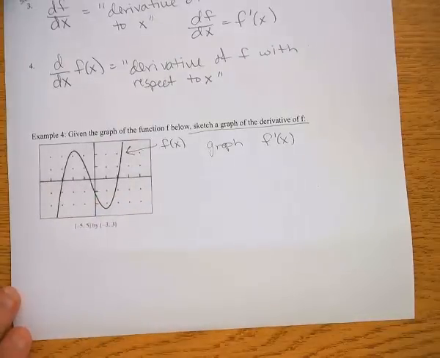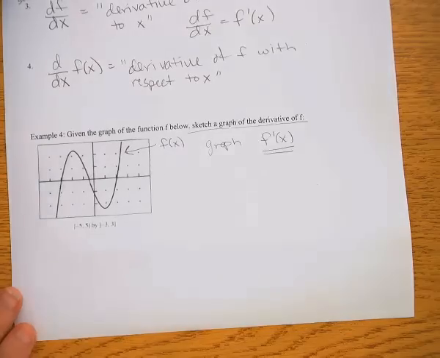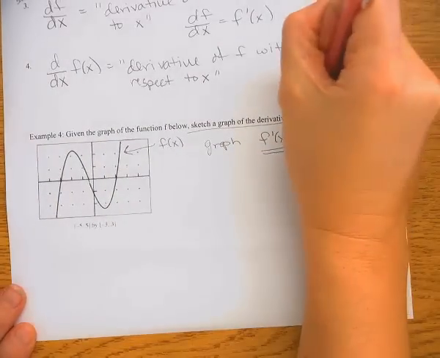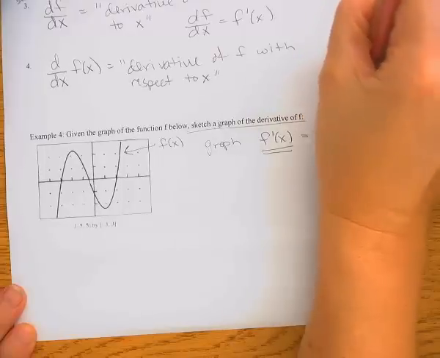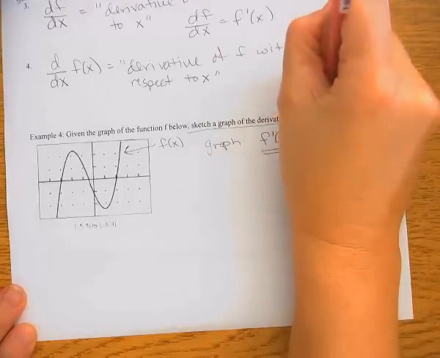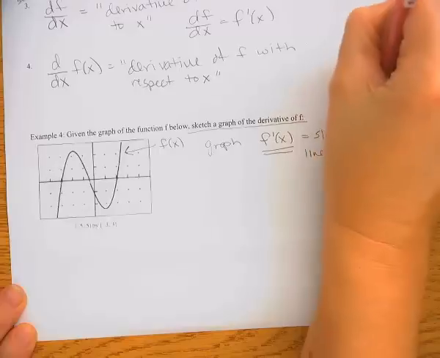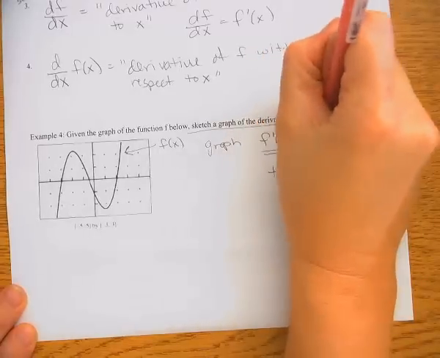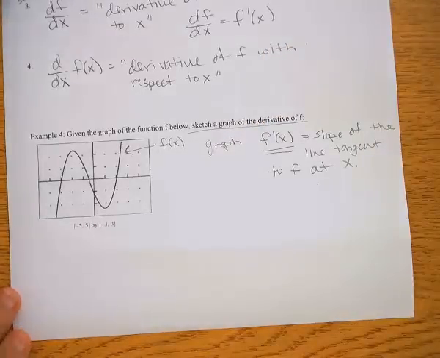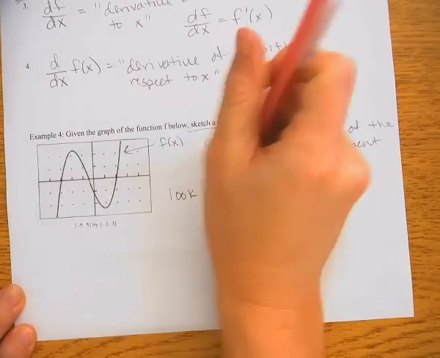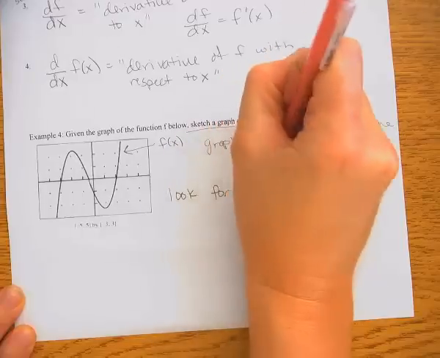What we need to remember is what f prime of x means. It means the slope of the line tangent to f at x. That's what f prime of x means. So what we need to do is look for obvious slopes.